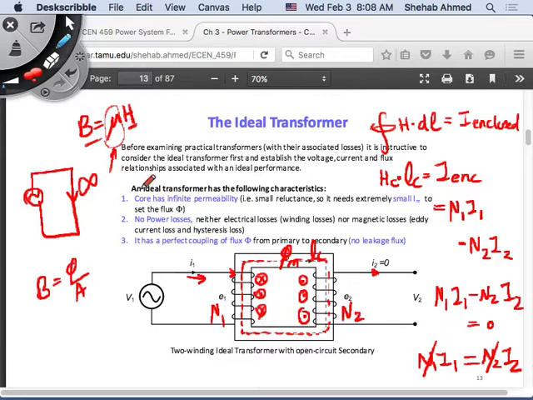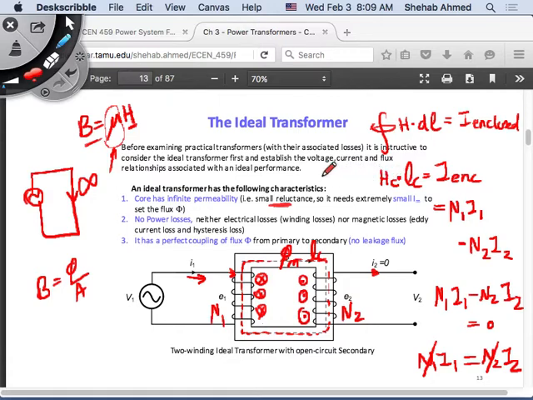at all. So the core has infinite permeability, so the permeability mu is infinite. Permeability and reluctance are inversely proportional, right? So the reluctance of the core, which is this R, we said that this is equal to what?